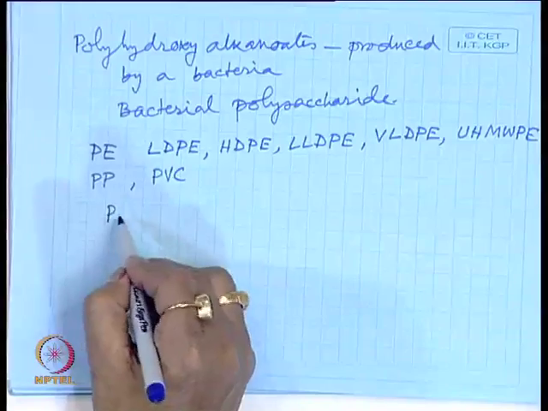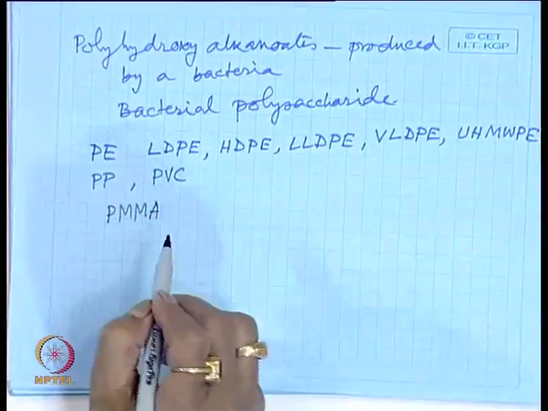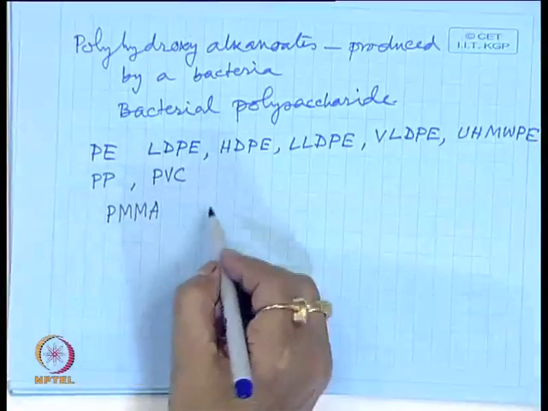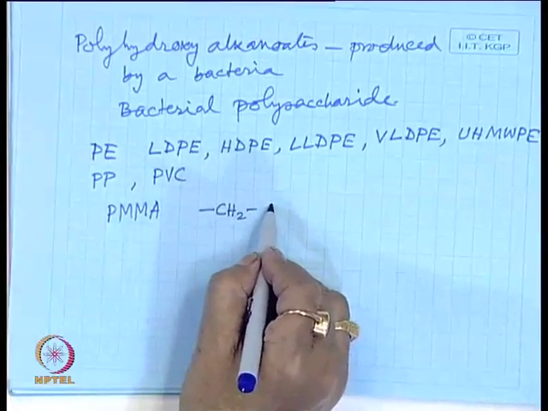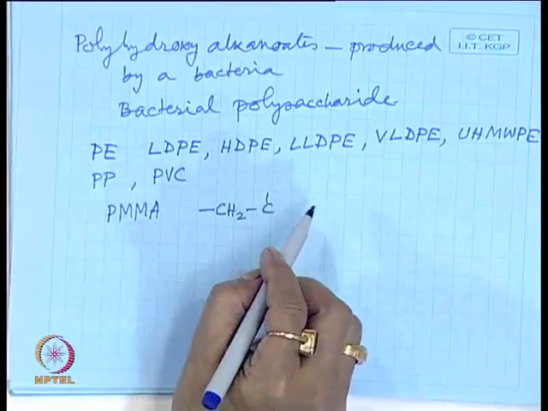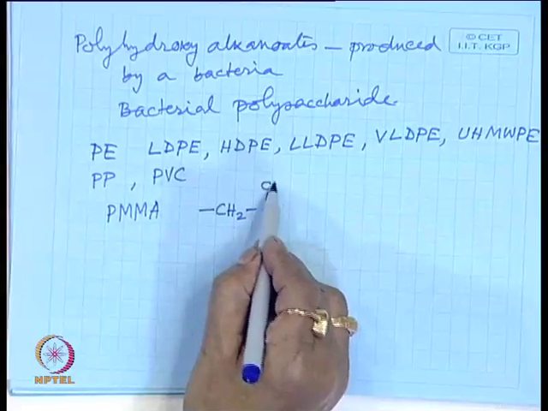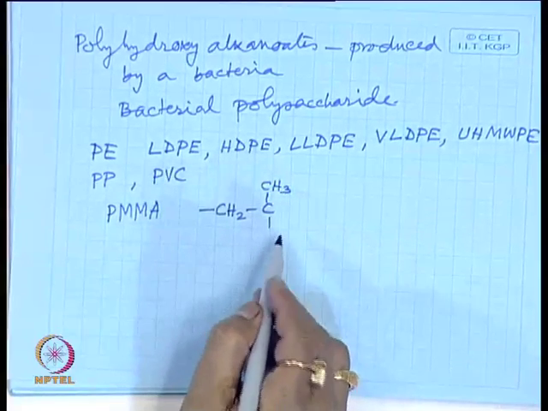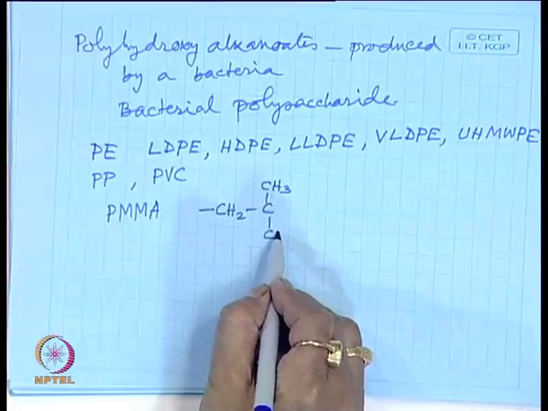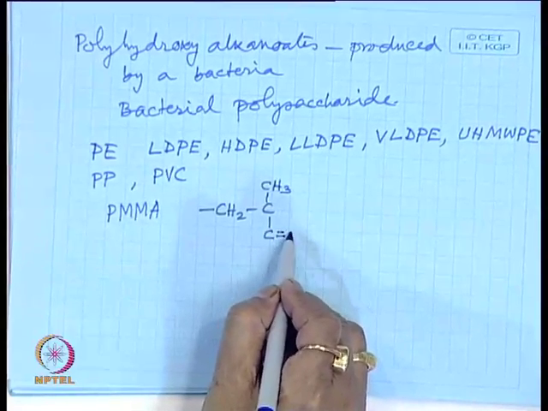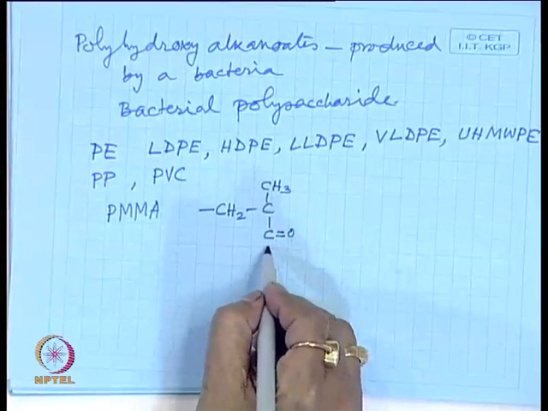How to write the structure of PMMA? Repeat unit formula of PMMA: CH2, C, substitute one hydrogen of this carbon by a methyl group, substitute another hydrogen of this carbon by an ester.